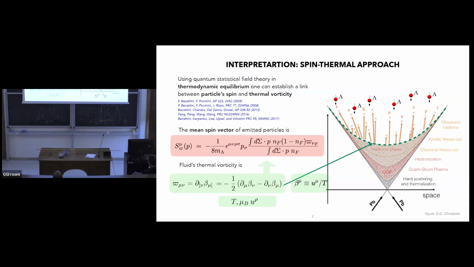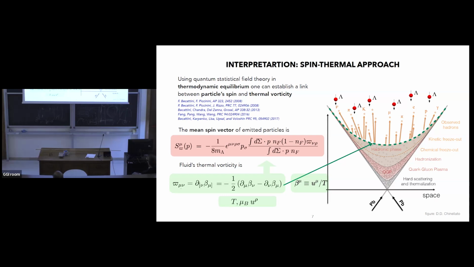And the key quantity which gives rise to this polarization is the anti-symmetric gradient of the velocity of the fluid elements, this omega. This quantity is called thermal vorticity, and this is an anti-symmetric combination of the gradients as it's given here.